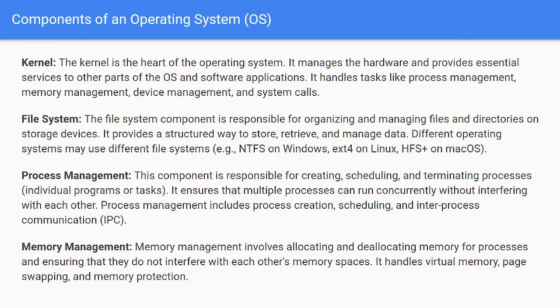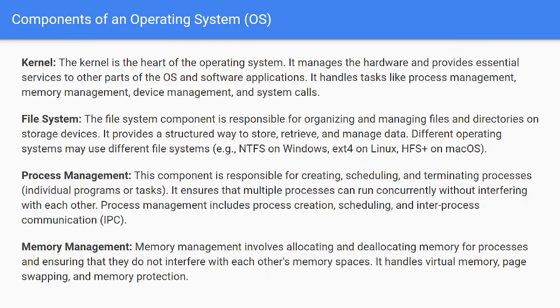This is the heart of the operating system. It manages the hardware and provides essential services to other parts of the OS and software applications. It handles tasks like process management, memory management, device management, system calls. So the kernel is the heart, the core. This is what you don't see.